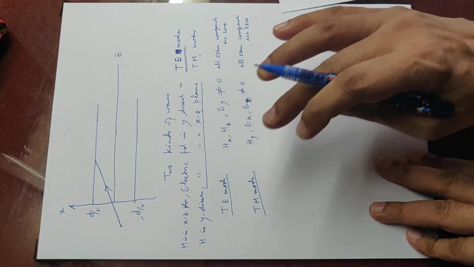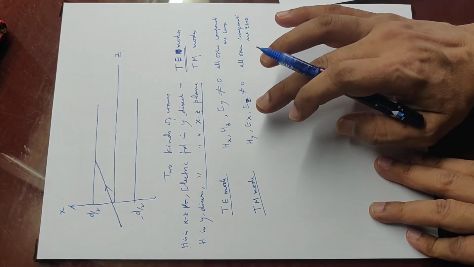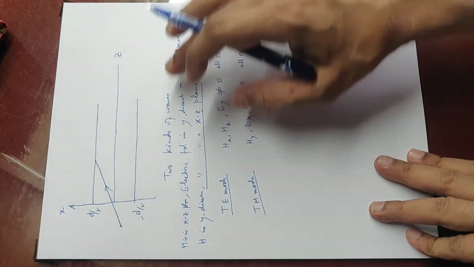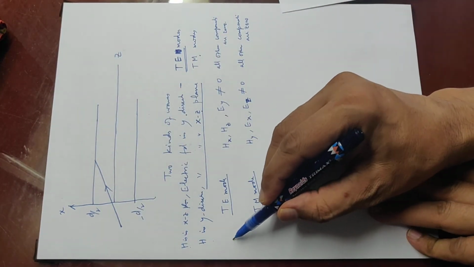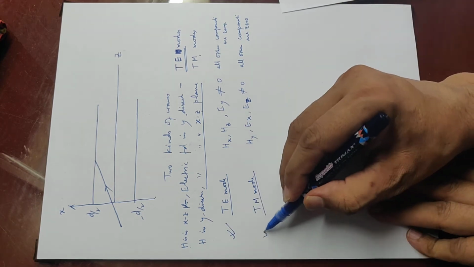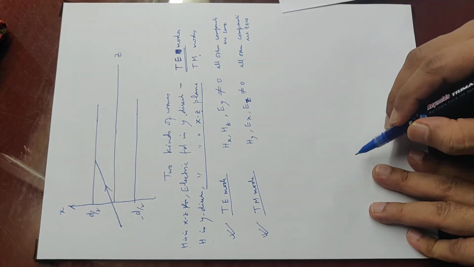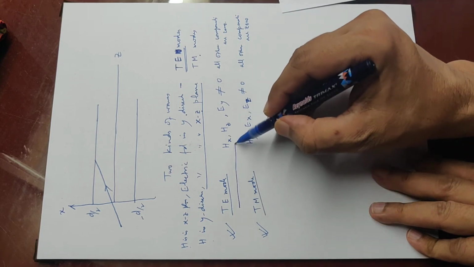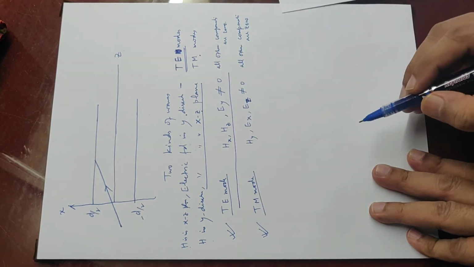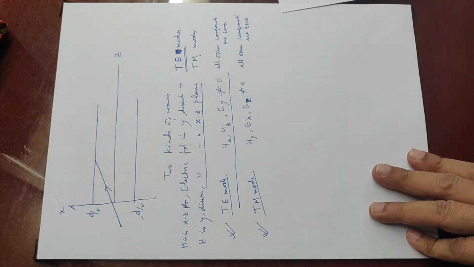So we have come to the conclusion that propagation in the planar waveguide is possible either in this mode or in this mode. Let us concentrate on TE mode propagation and try to solve Maxwell's equations in this case.